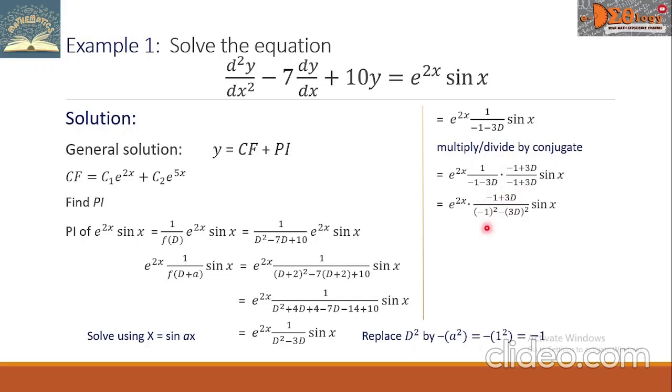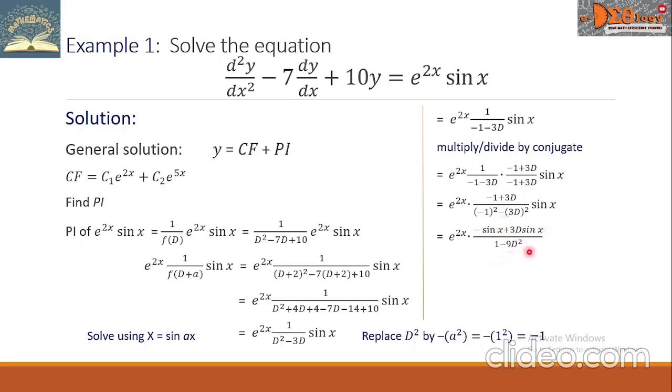So in the denominator, we have negative 1 squared minus 3D squared. Then we simplify the denominator. For this sine x, we multiply it to the terms of the numerator. So we have negative sine x plus 3D times sine x in the numerator, all over 1 minus 9D squared.